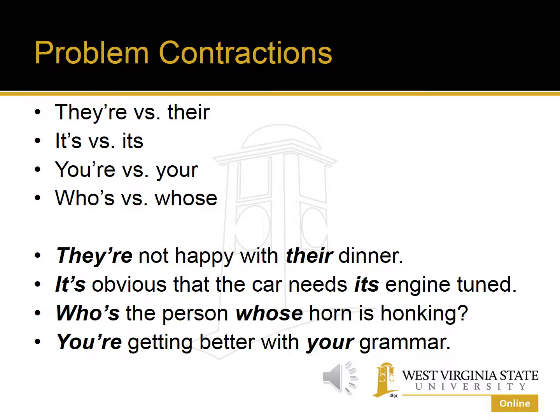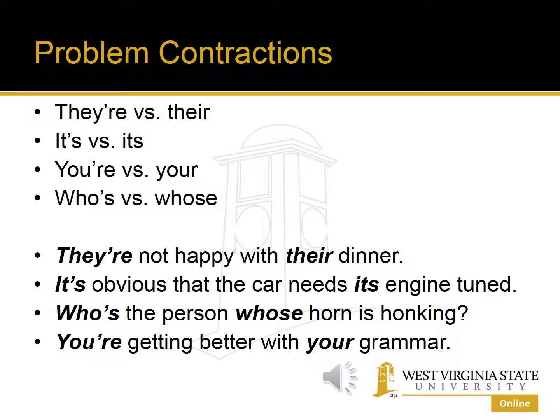It's, a contraction of it is or it has, compared with the possessive pronoun its. You're, the contraction of you are, versus the possessive pronoun your. Who's, a contraction of who is, versus the possessive interrogative, the possessive of who, in whose. So, these are something that you have to study and make sure that you fully understand.